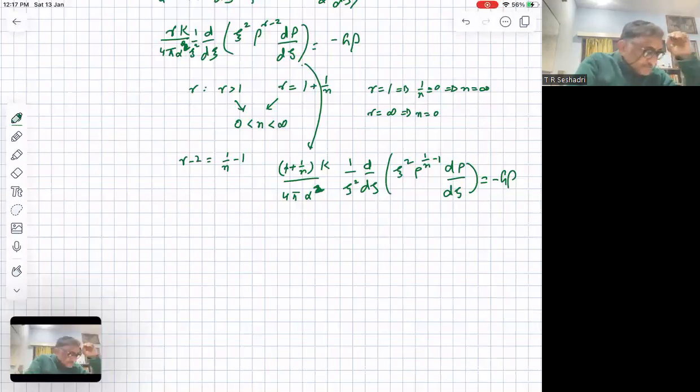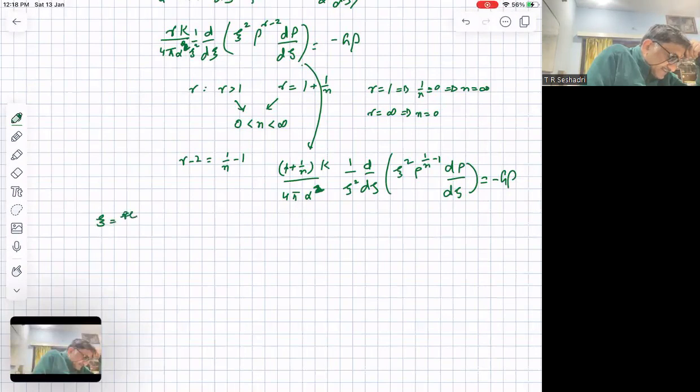It may look like tedious mathematics, but at the end of it, you will find a very beautifully simple result. So one dimensionless variable I defined as xi equal to alpha by r.